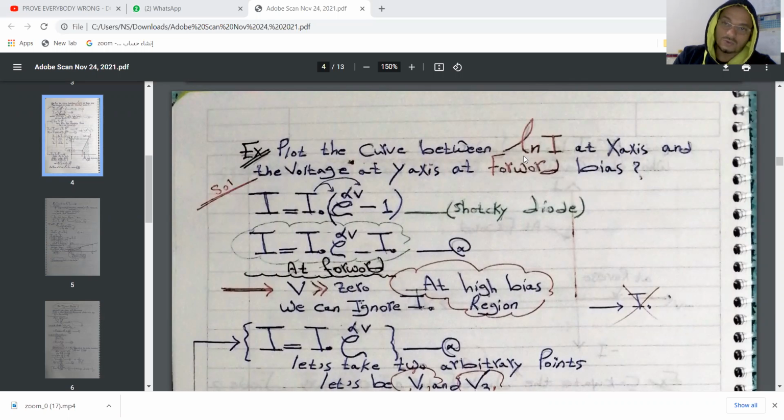Let's try to calculate ln I by taking two arbitrary amounts of voltage and current, and after that draw the curve between x-axis and y-axis. We will start from Schottky diode: I equals I naught times exponential of the diode constant alpha V, minus 1.